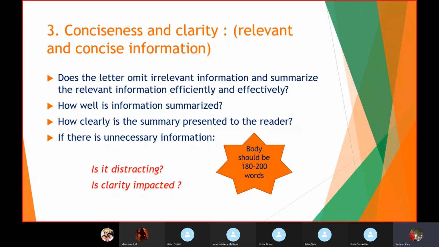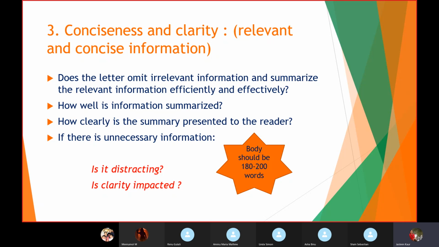And I think I've told you initially, no examiner counts the words, but yes, they look for the relevant information. So if you have included all the relevant information, then automatically your words will fall under 200. But if you have written something irrelevant, then probably your word limit has increased.